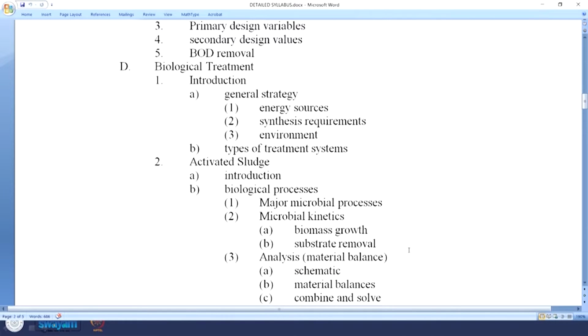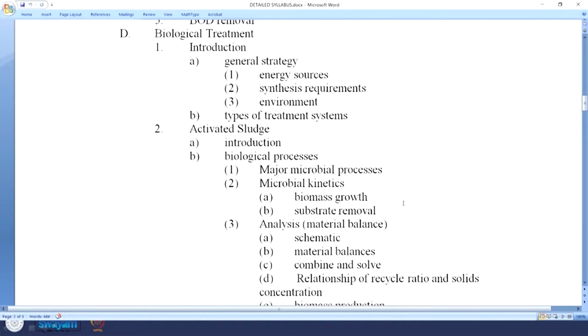And then biological treatment. After I remove the suspended particles from the wastewater, I still have some suspended matter and also some dissolved matter, and here it is organic content, right. Think of your urine, your feces and the kitchen waste, I mean the water from washing utensils, washing your clothes and so on.